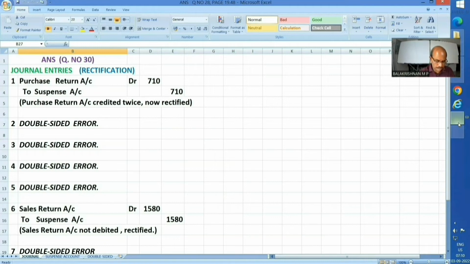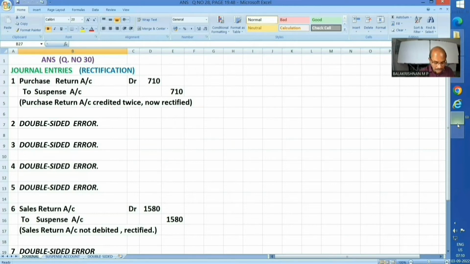Number one, the total of purchase return book, rupees 710, was posted twice. That means it's a question of posting only, an extra posting. Obviously, a single-sided error. You know that purchase return book means it's basically a credit account.